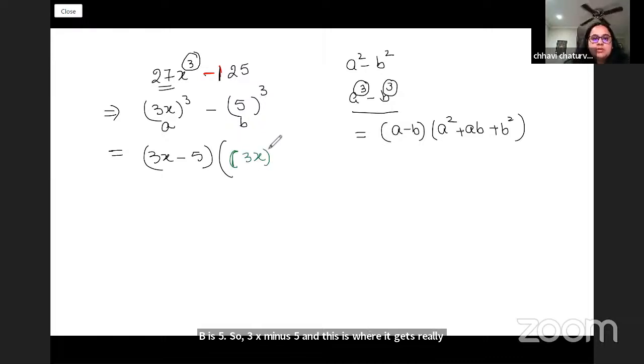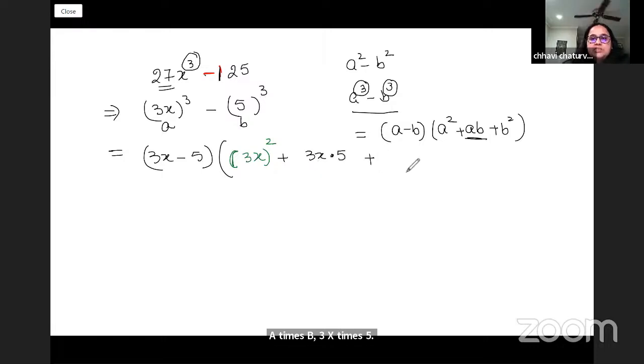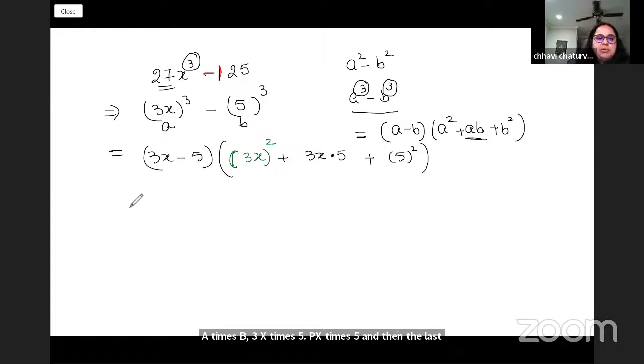Please don't forget them. I don't know how many times I have repeated this in this year. A times b: 3x times 5. And then the last term, b squared, which is just 5 squared, but I'll put parentheses because why not?